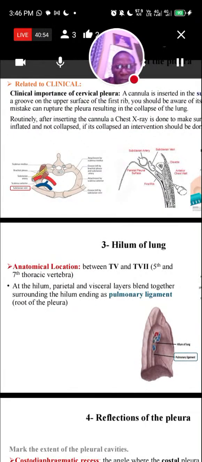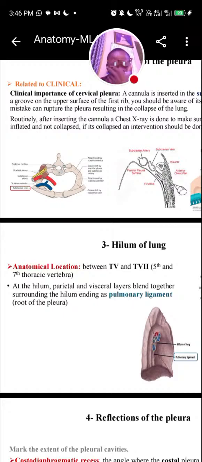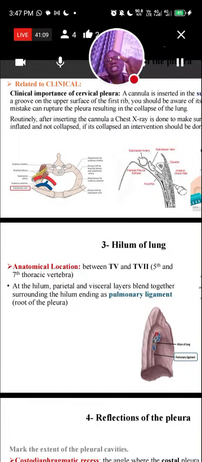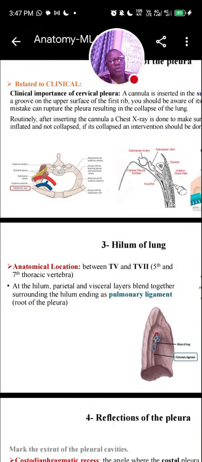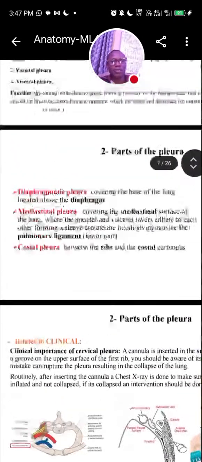Good. So at the hilum, the parietal and visceral layers blend together surrounding the hilum, ending as the pulmonary ligament. We've already said this. The cervical pleura is divided into three: suprapleural membrane, parietal, and visceral. Look at it again.